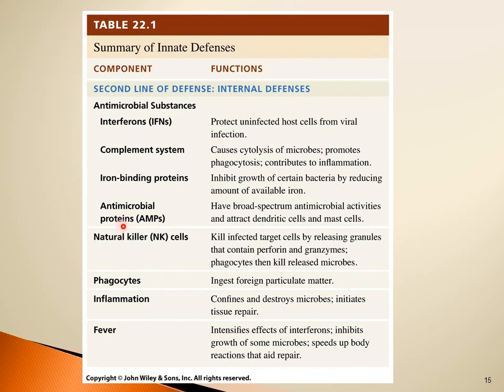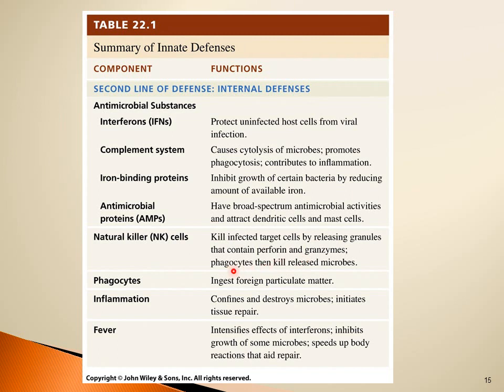Antimicrobial proteins have broad spectrum antimicrobial activities and attract dendritic cells and mast cells to the site of inflammation. Another second line of defense is the natural killer cells. They kill infected target cells by releasing granules that contain perforin and granzymes.